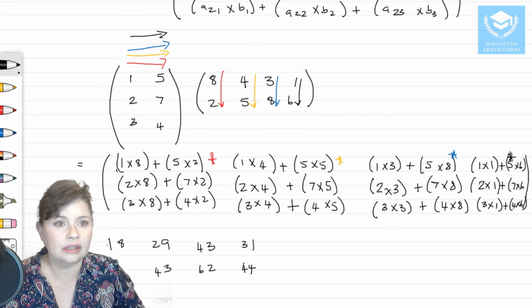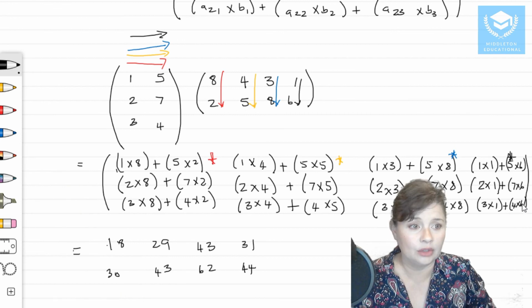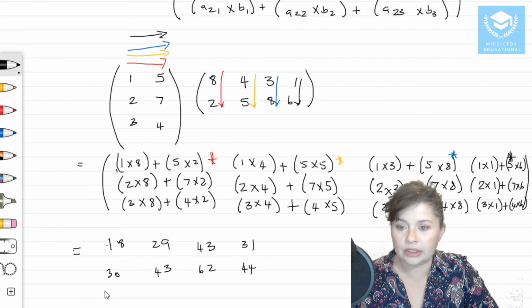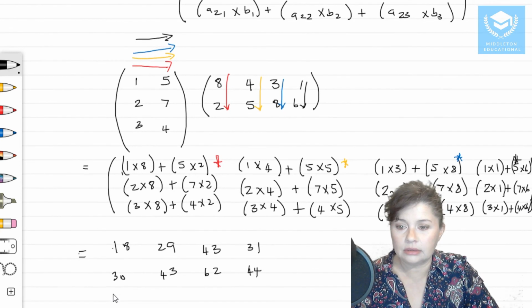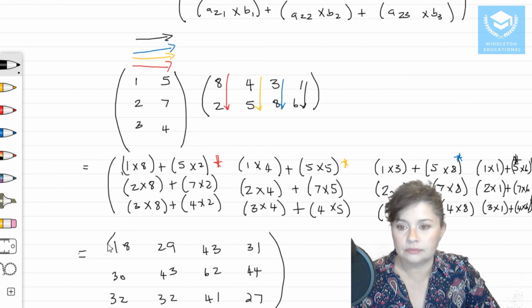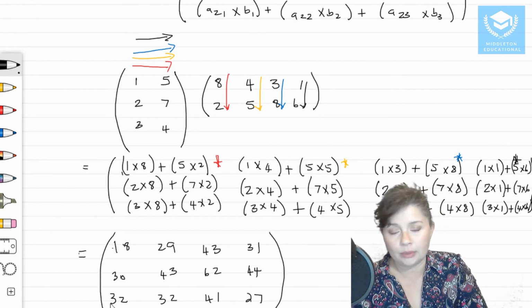Let me just get myself out of the way so you can actually see what I'm writing. There you go. And then the last one is 32, 32, 41, 27. That's what you end up with.